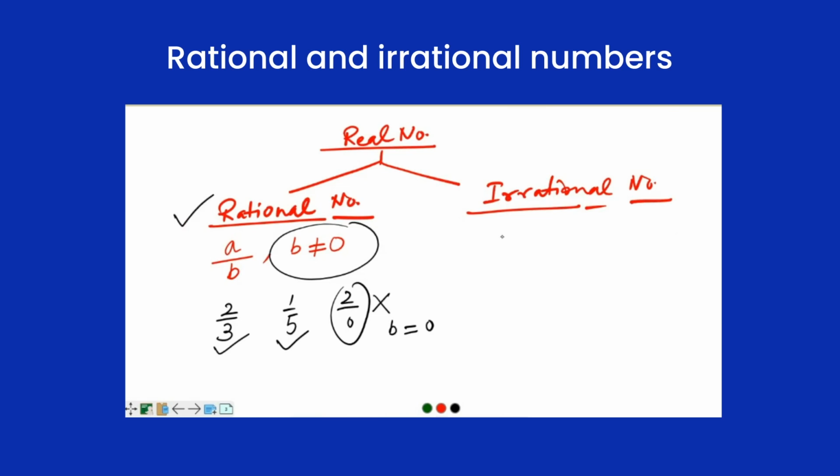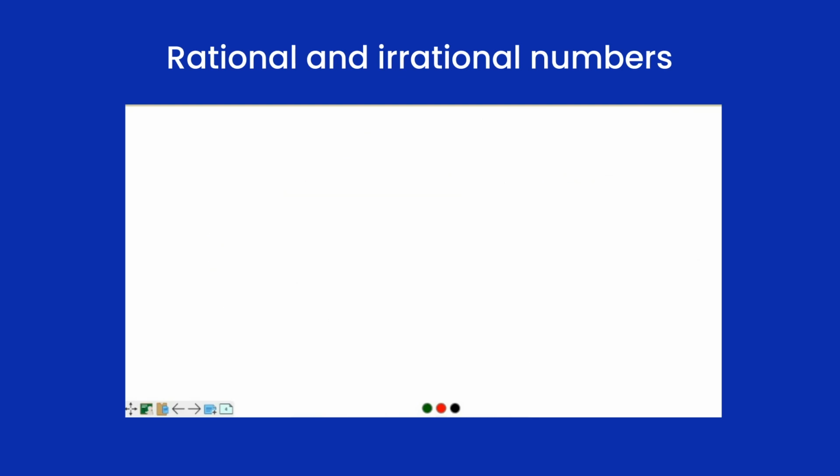The irrational numbers are just the opposite of the rational. So we can write square root of 5, pi, 1.31031003100, like that, etc. These could be the irrational numbers. And the rational numbers are categorized into further categories. So let's write the rational numbers.